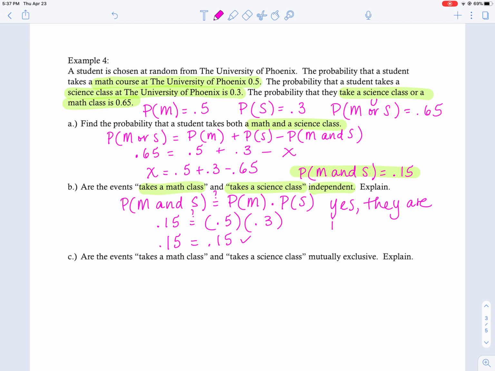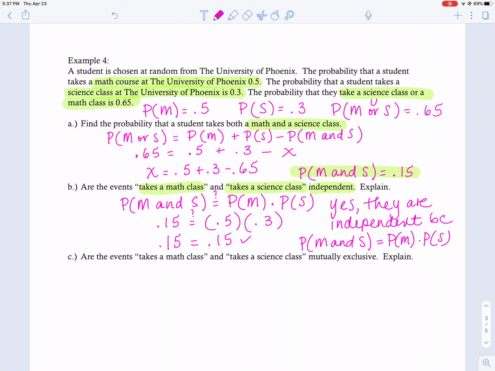They are independent simply because the probability of math and science equals the probability of math times the probability of science. As easy as that. That's how you're going to explain.